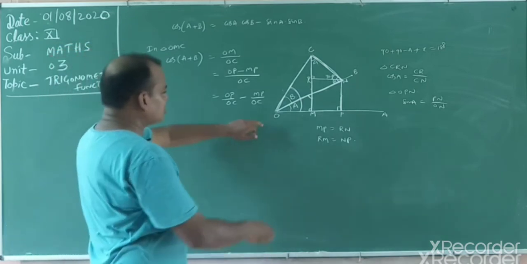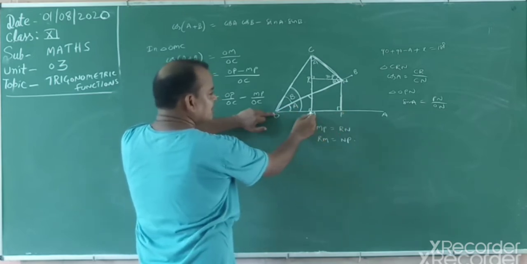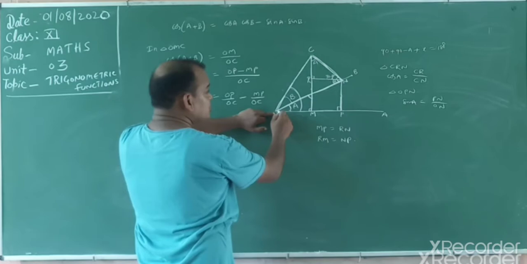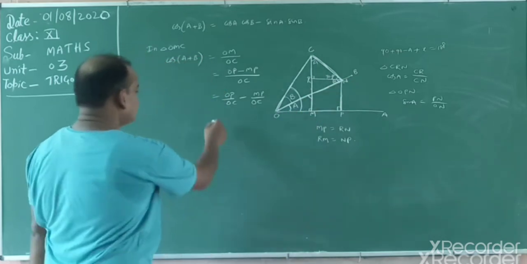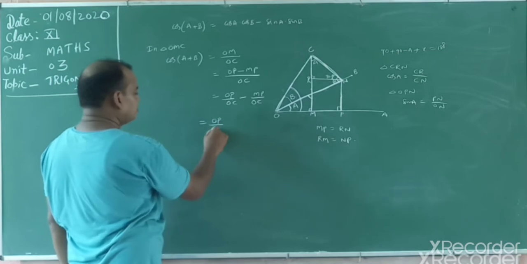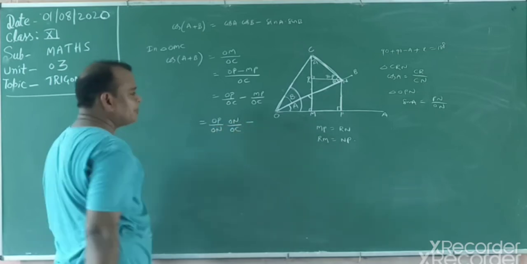But we observe the angle A. OP is the base and ON is the hypotenuse. Now multiply and divide with ON: OP by ON into ON by OC, minus MP.